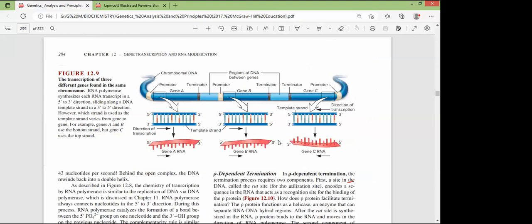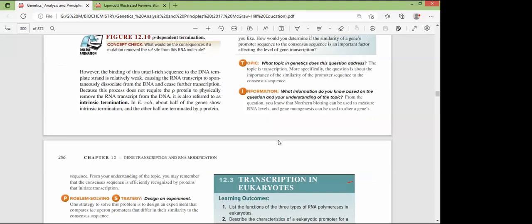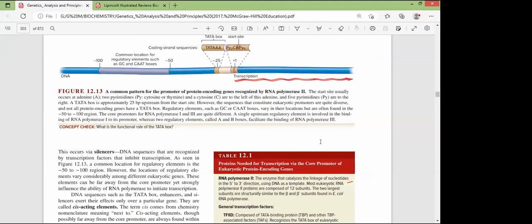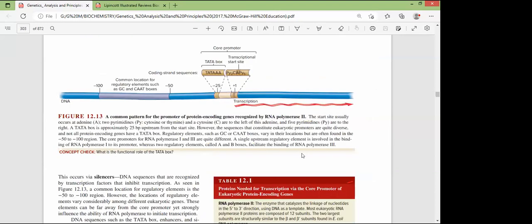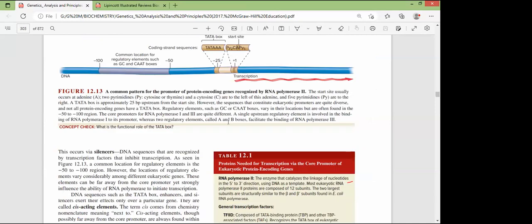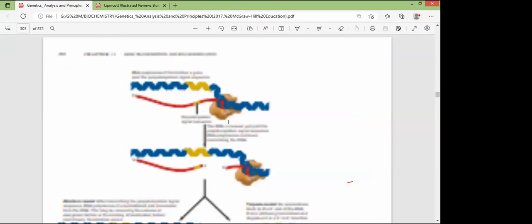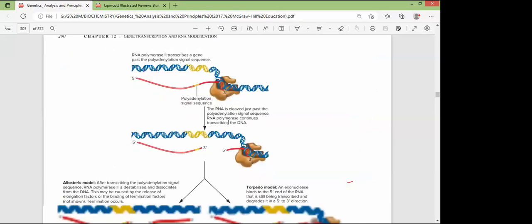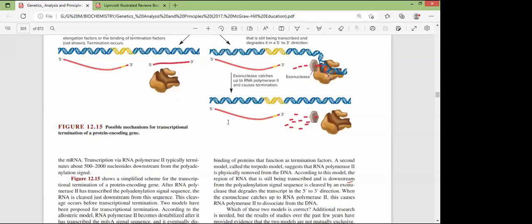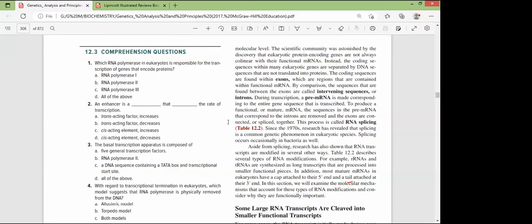Now, for all these parts, because of time, just go through it for yourself. But know those 3 steps: number 1, initiation; number 2, elongation; number 3, termination. Then, once that RNA is made, there are also some modifications made to the RNA molecule so that it can be functional.